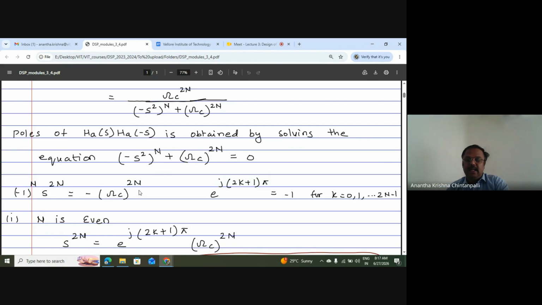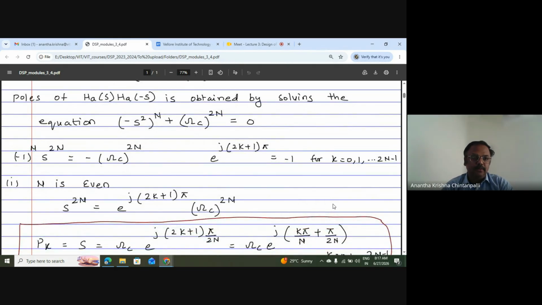Since it has to have 2n roots, minus 1 can be written as e to the power of j (2k plus 1) times pi, for k going from 0, 1, and so on to 2n minus 1. Now, depending upon the filter order, the location of the poles would vary.